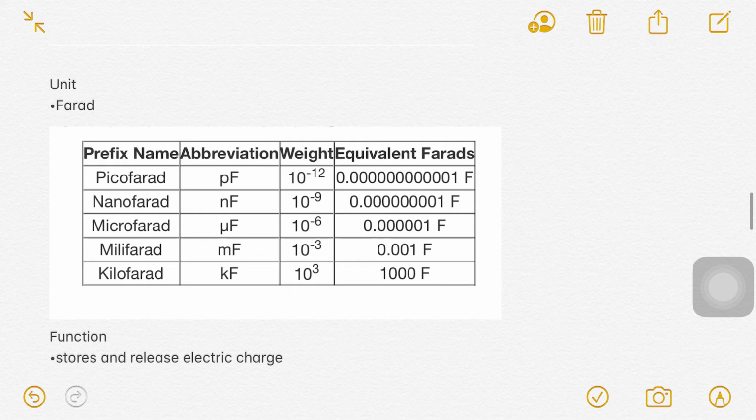Nandito sa table na to yung prefix at yung equivalent niya na weight. 10 raised to negative 12, that's picofarad, 10 raised to negative 9 for nanofarad, and 10 raised to negative 6 for microfarad. So, microfarad, nanofarad, and picofarad yung mga usual nating makikitang value. Milli and kilofarad, hindi siya usual, but I think for supercapacitors, masyado na kasing malaki yung value na yun.